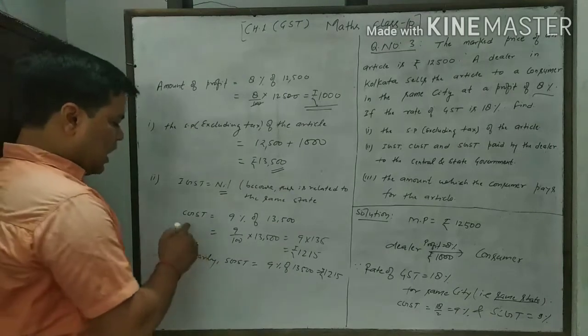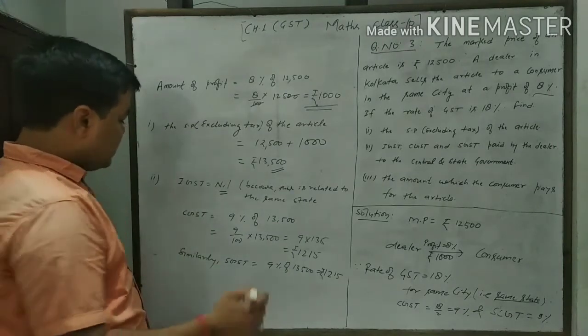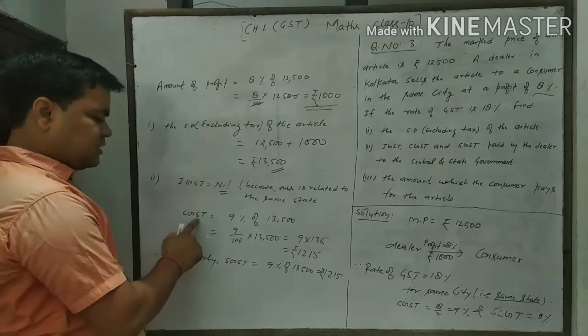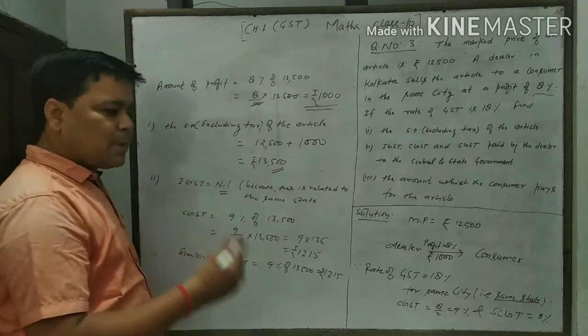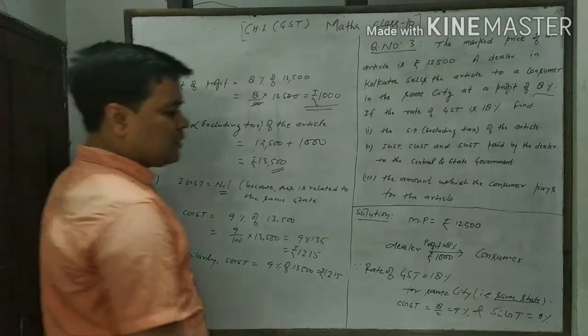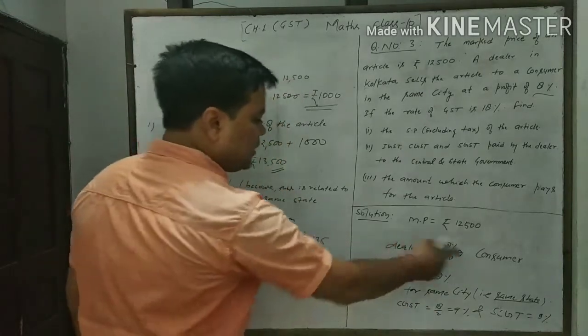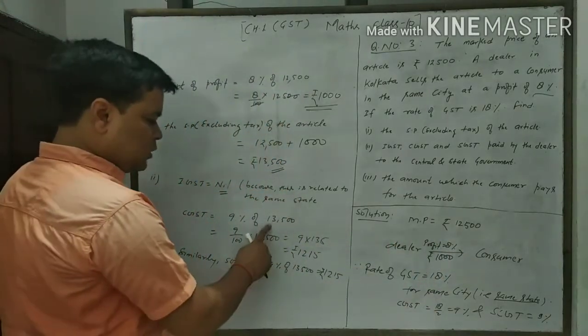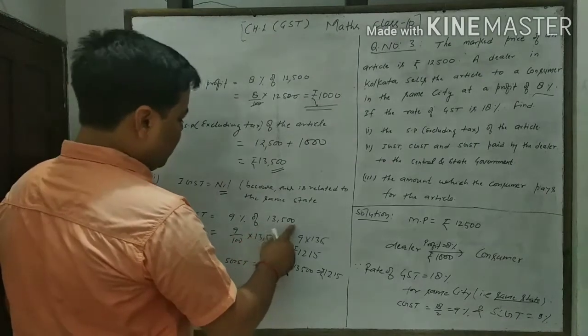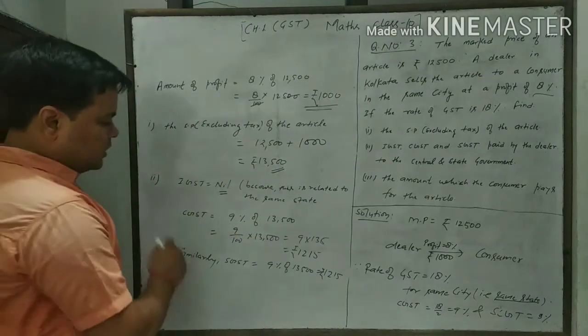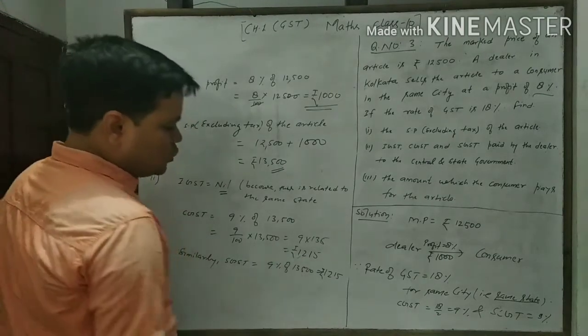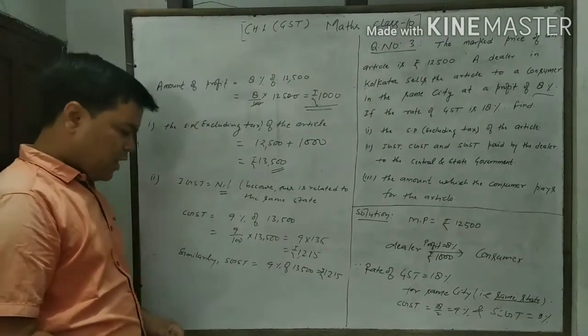Now, CGST we have to find, central goods and services tax. That will be 9% of the cost price of the article which the consumer takes from the dealer. So that is 9% of 13,500. If we calculate, we find that the CGST will be 1,215 rupees.